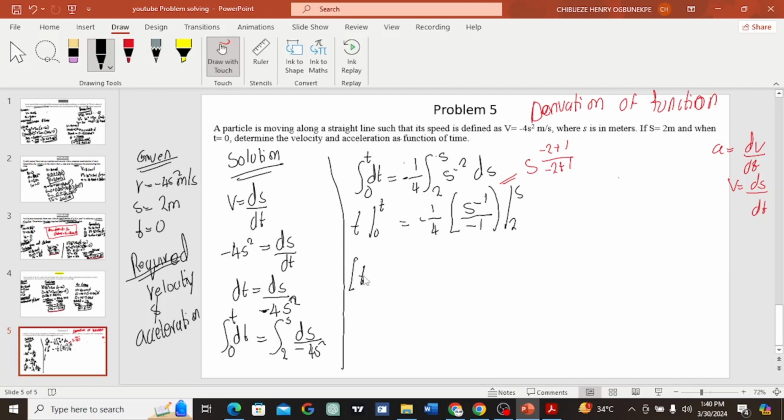Open bracket t minus 0 equals x to the negative 1 minus 2 to the negative 1, close bracket.